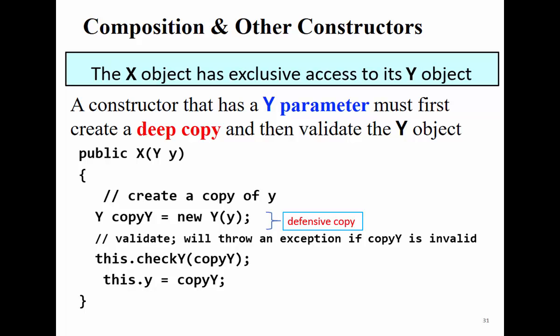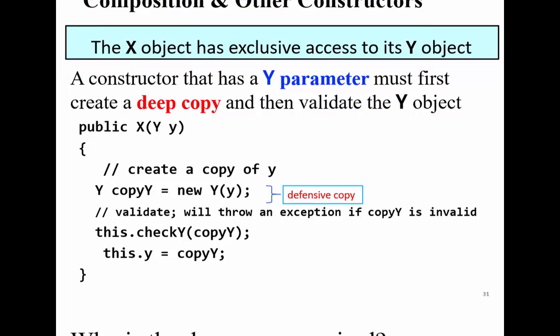We receive Y, but we're not relying on this Y. We create our own copy of it, and we store it. This is to make sure that this copy is valid.